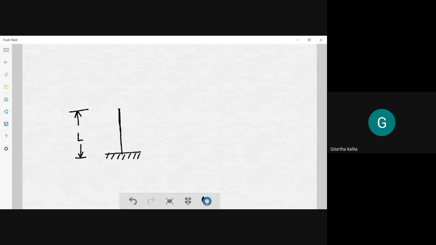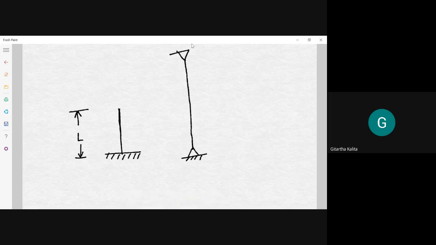This column will have a strength equal to the same column hinged on both ends but of length 2L. The effective length you can see here is 2L.